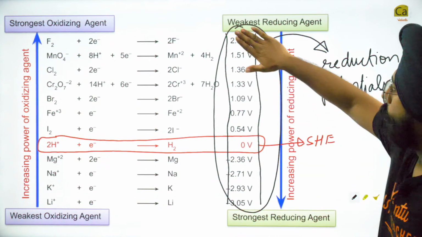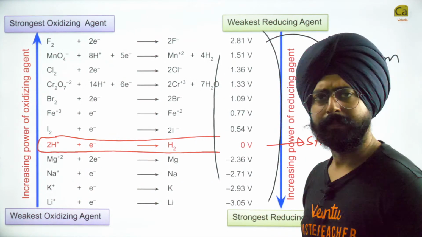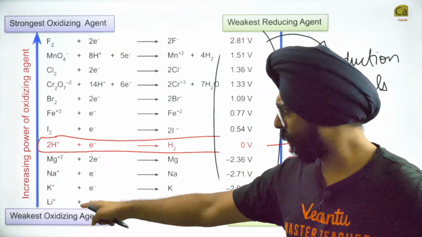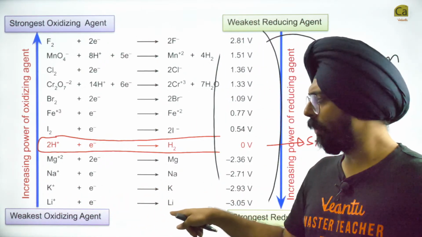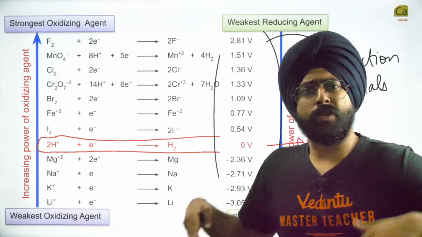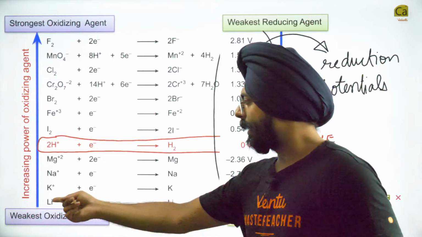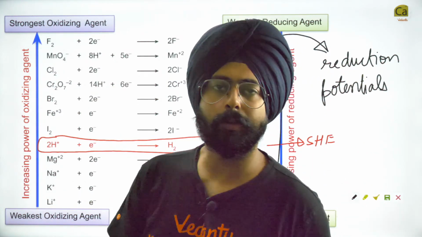Now, what if you want to look at oxidation potential values? Over here, lithium positive plus electron is giving you lithium, isn't it? What if you want to see the potential value when lithium breaks apart into electron plus lithium positive?